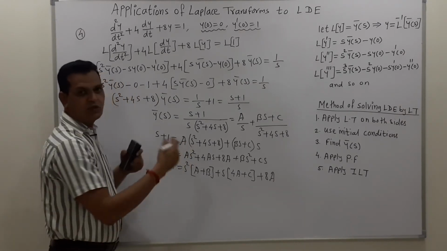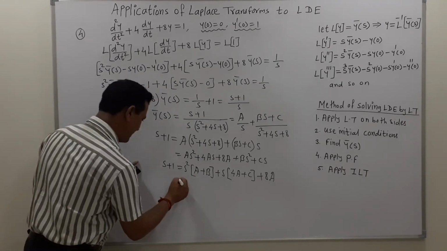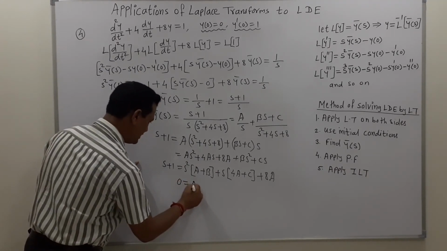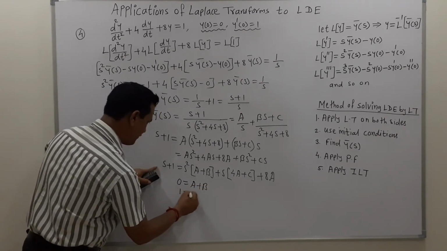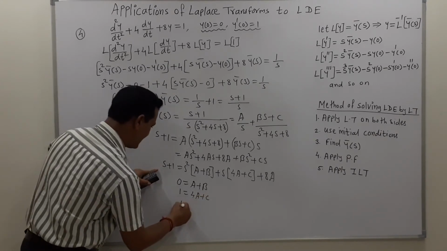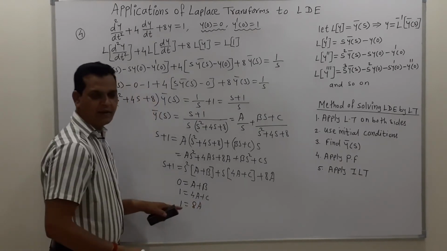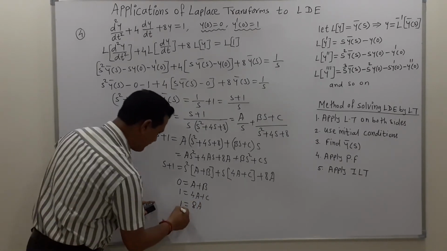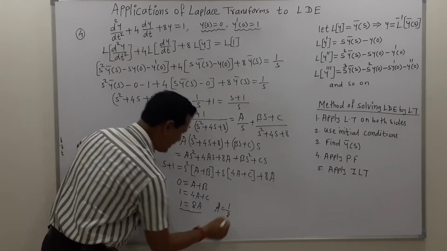Now compare the coefficients of like power terms. Here the s square term is absent, so we write 0 is equal to a plus b. Then we get 1 is equal to 4a plus c, and directly we get 1 is equal to 8a. From this last equation, we directly get the value of a is equal to 1 upon 8.